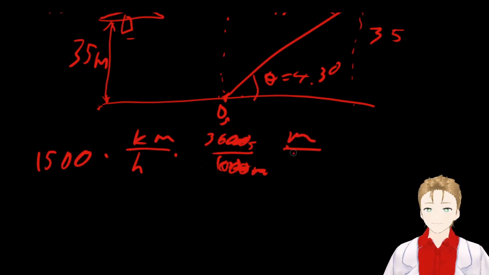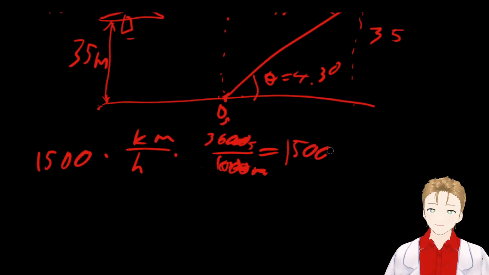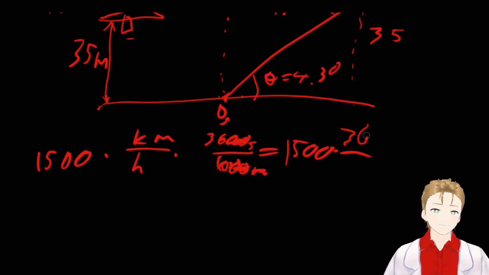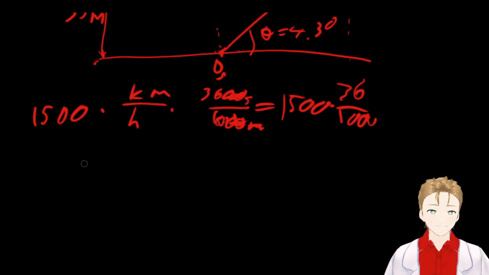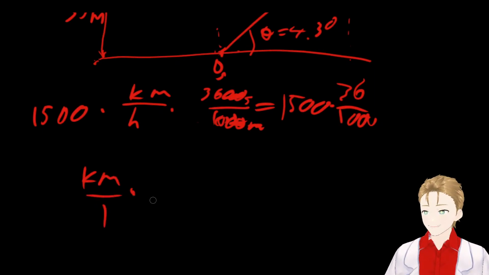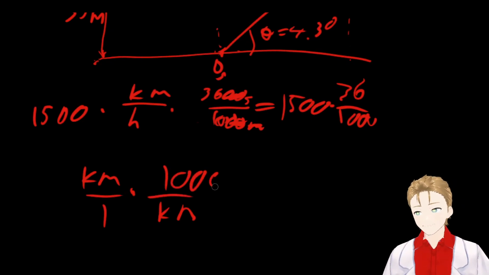Well, point is, this becomes 1500 times 1000 over 3600. Right? I mean, I'm gonna make sure. Okay, I may have screwed it.